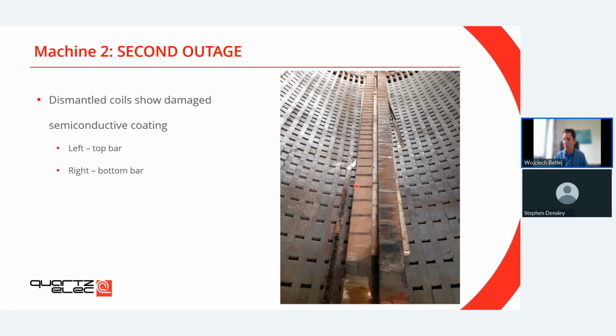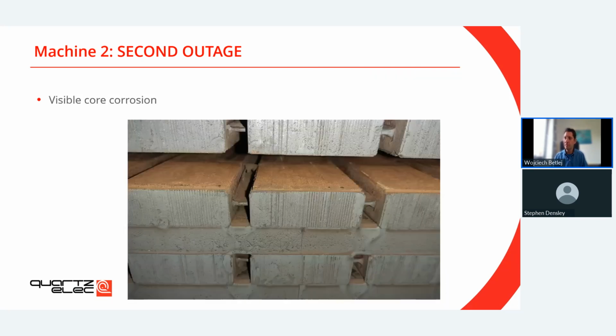This is the original color of the stator bar, and then in the slot itself, you can see that rusty color. Coming back to the basic chemistry, we know that when PD occurs, ozone also appears, and ozone will cause the stator core to corrode much quicker. Therefore, you see that rusty color on the surface of the stator slot.